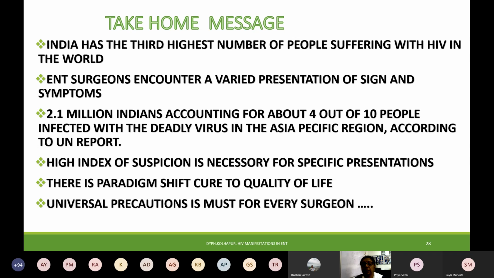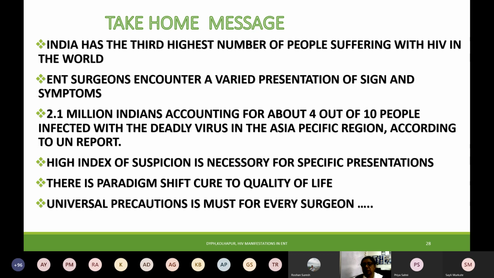Long answer questions have been removed. So you can have a question such as HIV manifestations in ENT, or Kaposi's sarcoma as a short note. Kaposi's sarcoma can be asked in surgery, in any surgical field, or in medicine also, because it involves everywhere.